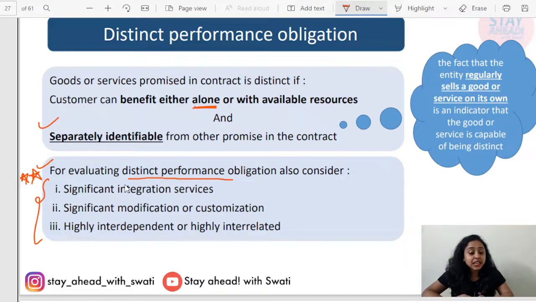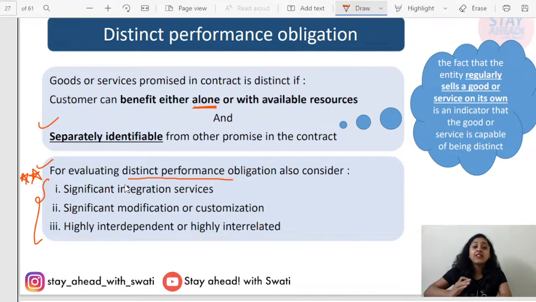If it is not significantly integrated, or the modification or installation or any other service part does not create a major impact, then it will be included. If it creates a major impact and entirely changes the original asset or service, then this will be treated as a separate performance obligation. It will be treated as distinct, and can be differentiated very easily.